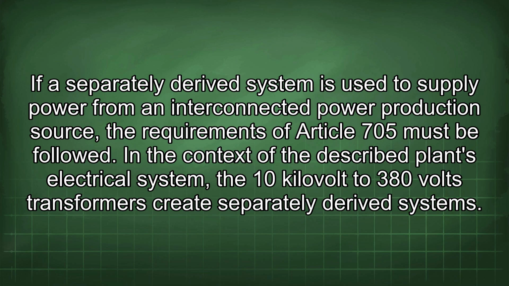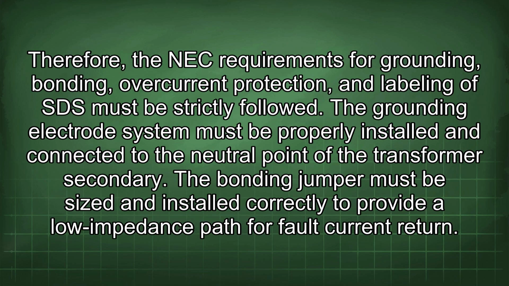705 must be followed. In the context of the described plant's electrical system, the 10 kV to 380 volts transformers create separately derived systems. Therefore, the NEC requirements for grounding, bonding, overcurrent protection, and labeling of SDS must be strictly followed. The grounding electrode system must be properly installed and connected to the neutral point of the transformer secondary.